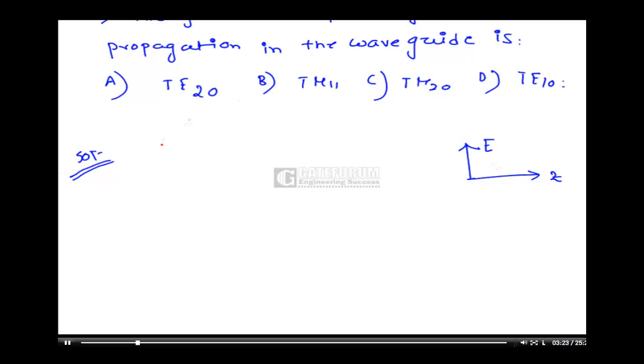We know that TE propagation means Ez equal to 0, Hz is not equal to 0, assuming the wave is propagating in the z direction. TM means Ez is not equal to 0, Hz is equal to 0.